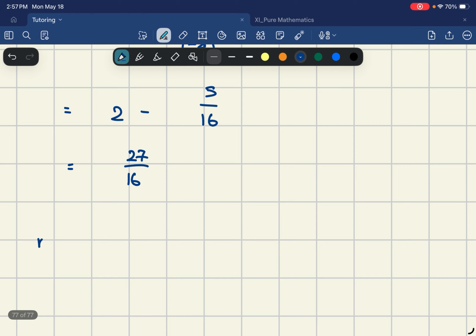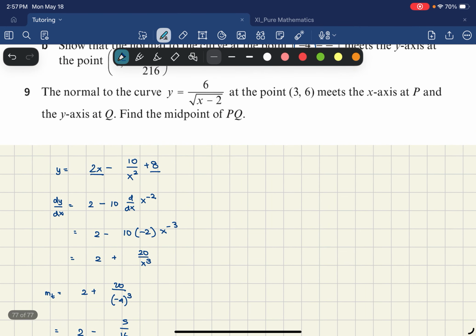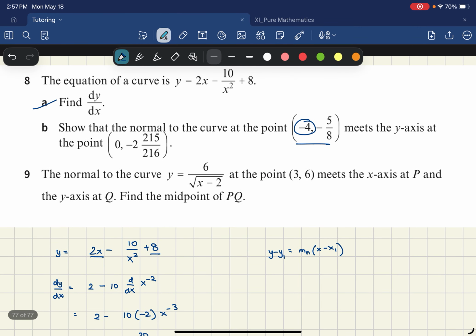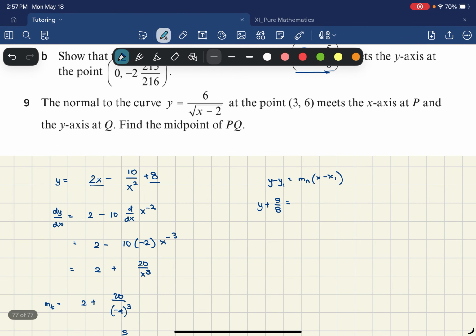Now remember, we are concerned with the normal line. The slope of the normal line is given by this expression. If you substitute this here, you are going to get this expression. Now let's find the equation of the normal line. So y minus y1, so y plus 5 over 8, because y1 is this expression, and mn is just this ugly expression, negative 16 over 27.